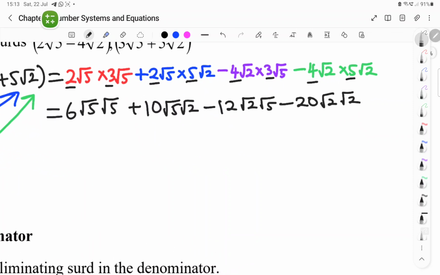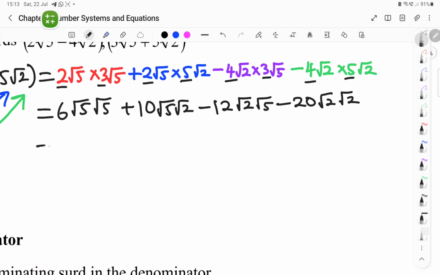Okay. Now, what to do next? Okay, so we simplify. From my previous videos and previous examples, we can simplify. Square root of 5 multiply square root of 5 is 5. So 6 multiplied by 5 is 30. Okay, now how about this one? Okay, it's 10 square root of 5 multiplied by 2.